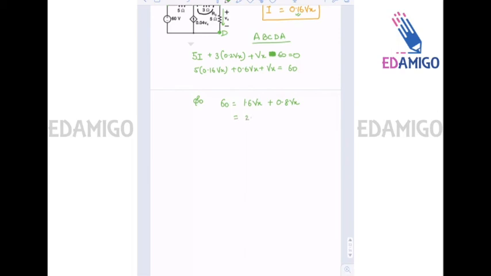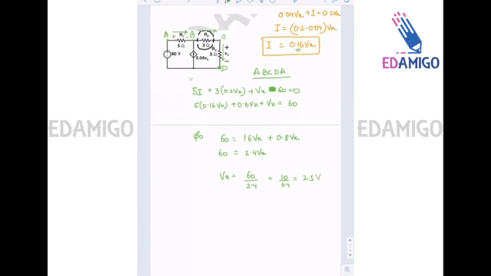That is equals to 2.4 Vx is equals to 60. Vx equals to 60 divided by 2.4, that is 10 divided by 0.4, that is 25 volts. Vx equals to 25 volts.